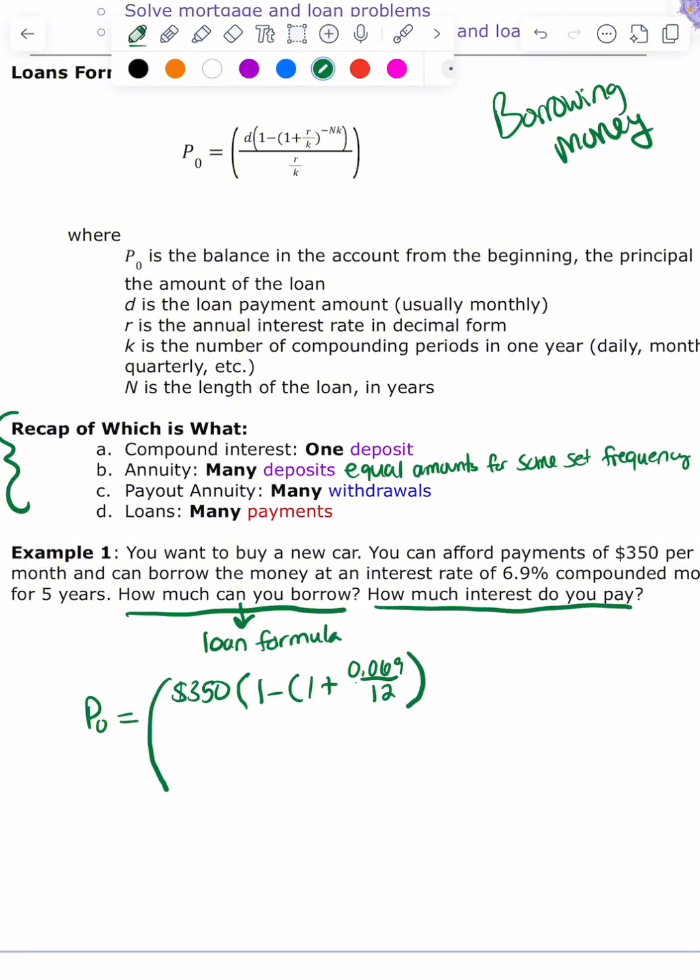And that's raised to the negative how many years we have this? For 5. So 5 times 12. So that's the whole numerator. And then the bottom, you just repeat the K, R over K again. So 0.069 divided by 12.